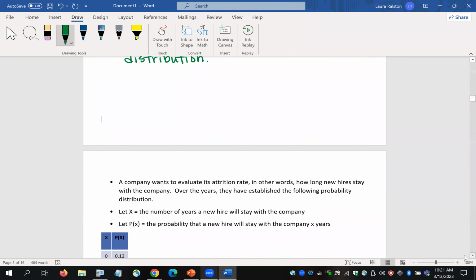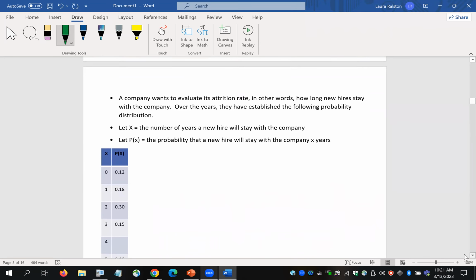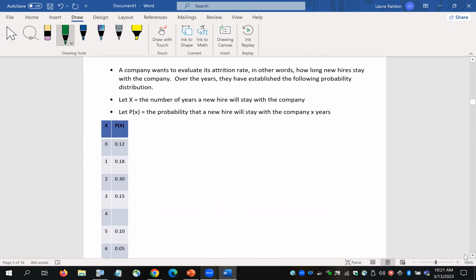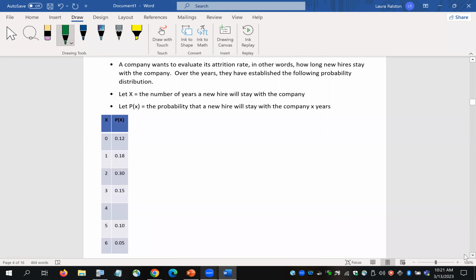Okay, let's look at another one. It says a company wants to evaluate its attrition rate, in other words, how long new hires stay with the company. Over the years, they have established the following probability distribution, where X is the number of years a new hire will stay with the company.